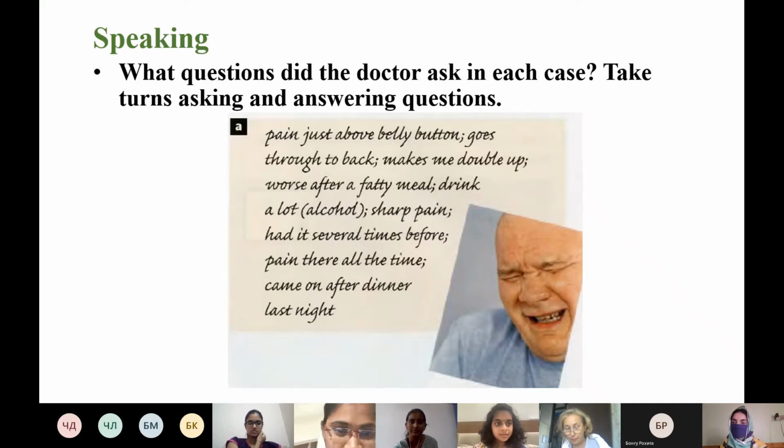Yes, please. Associations. Is it associated with, like, change of posture? Does it get severe? It gets worse after a fatty meal. And T? Timing. What is the timing of the pain? It's there all the time. All the time? And E?